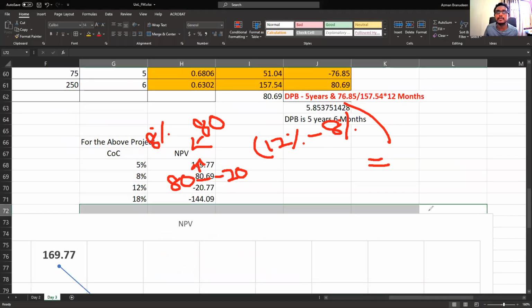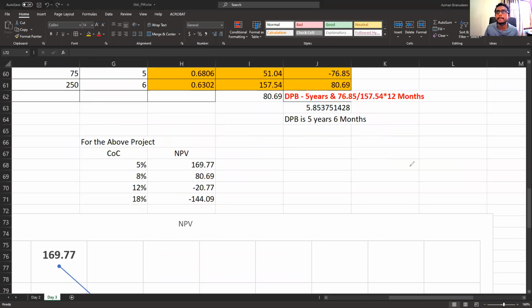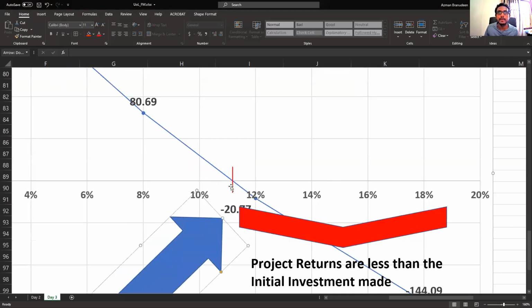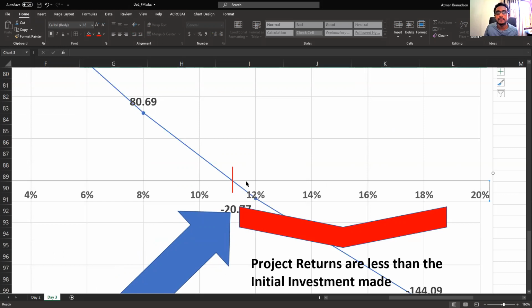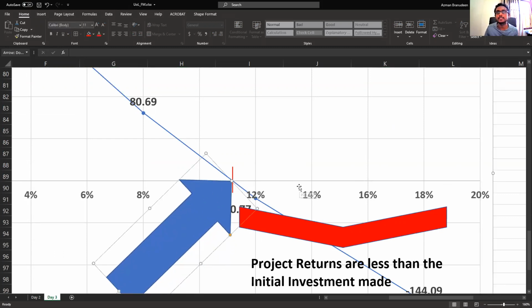And if we check the chart, yeah, no, seems like it's 11.2. Right? Not bad. I can actually extend the chart to show even more decimals, and I am sure 11 will be somewhere here. So all good. The IRR is 11.2%.